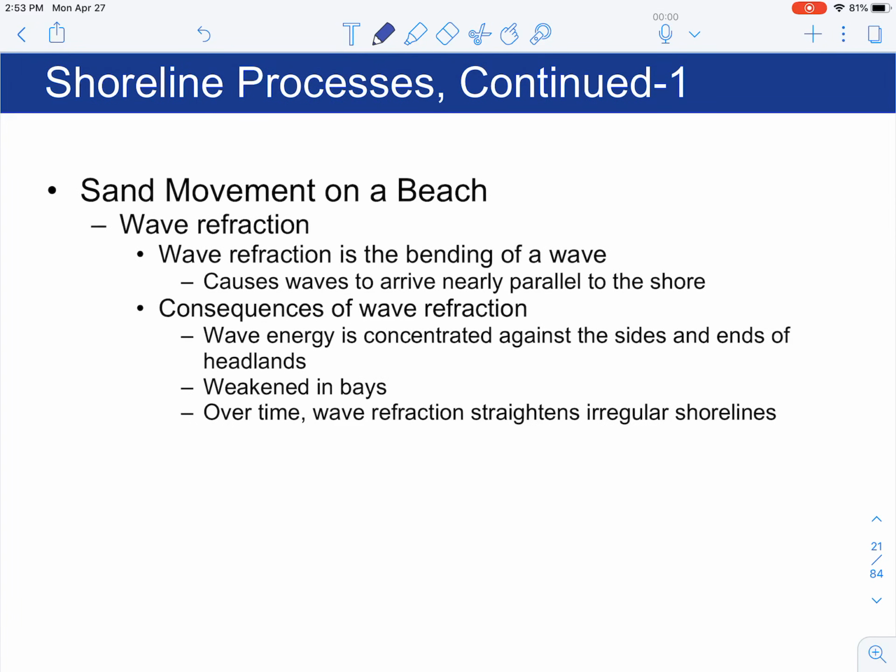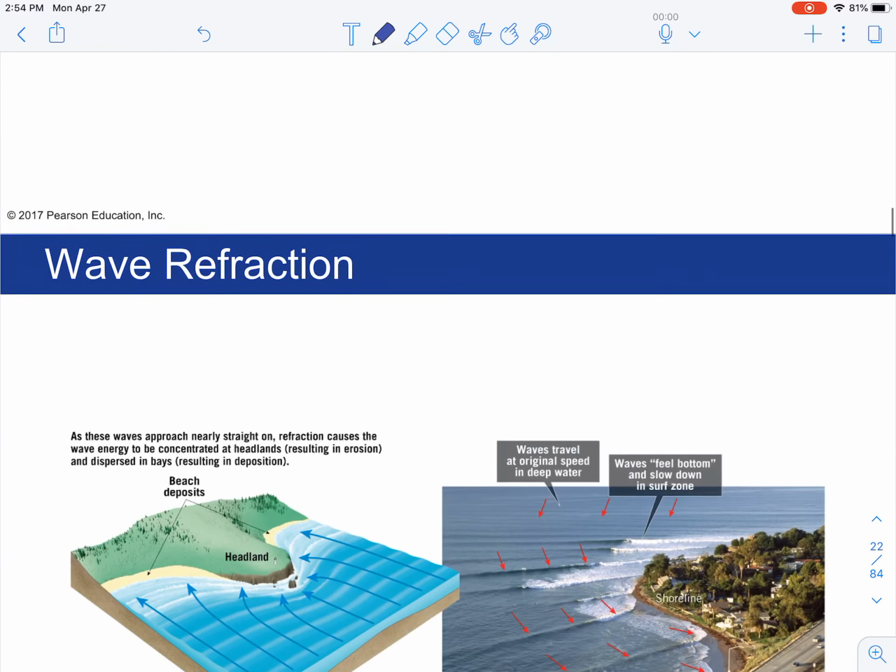When waves hit the shore, the waves are bent, and it causes them to move parallel to the shoreline. As a result, you tend to see changes in the shape of coastal features. So the waves can actually change the landscape pretty dramatically.